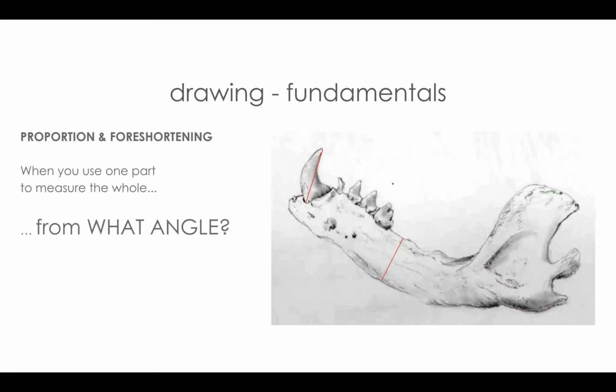Now here's where it gets tricky. There's something called foreshortening, which is basically, I'm not sure if this is going to work on the camera, but if you're looking at something that is facing you, this leaf right here, if I looked at it flat it would have a certain distance across that midvein.